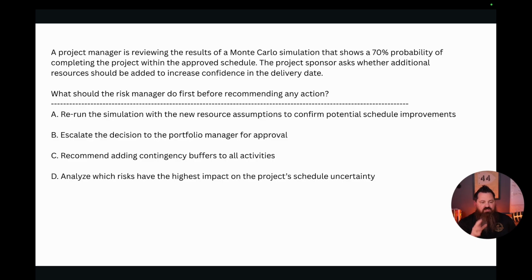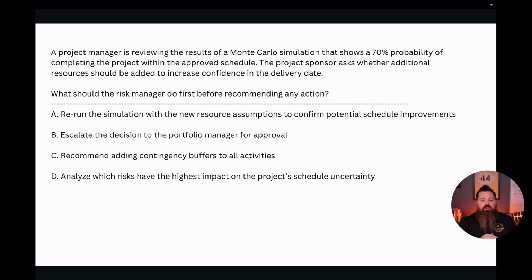All right. So, here we got a situation. We've already done a Monte Carlo simulation. Monte Carlo, if you remember from what we've talked about, is a quantitative risk analysis process. So here we see that we have a 70% probability of completing the project within the approved schedule. Our sponsor asks whether additional resources should be added to increase the confidence in the delivery date.